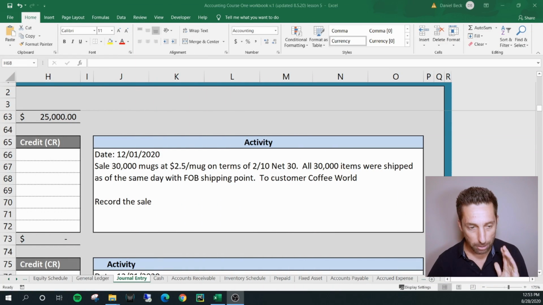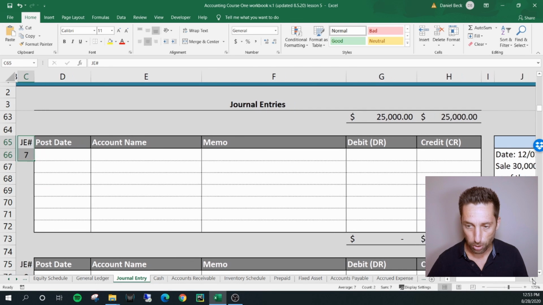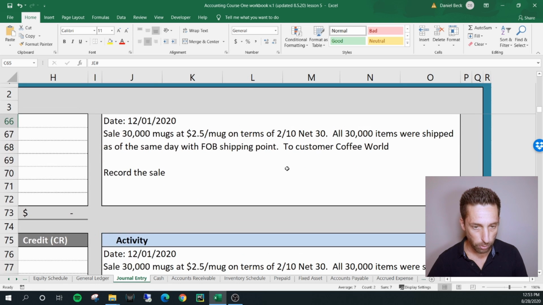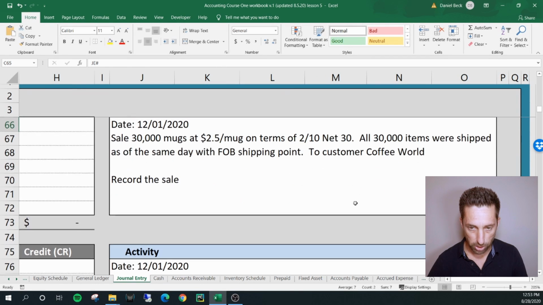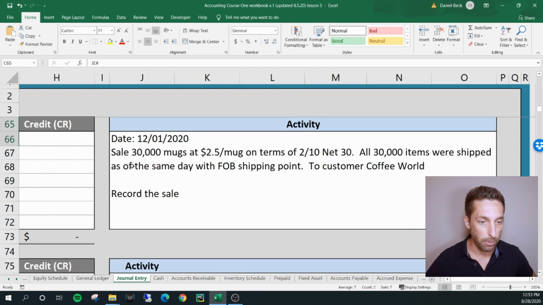All right, I'm looking at my computer screen. I'm on journal entry number 7, and I'll zoom in to the description here. The date is December 1st, 2020.